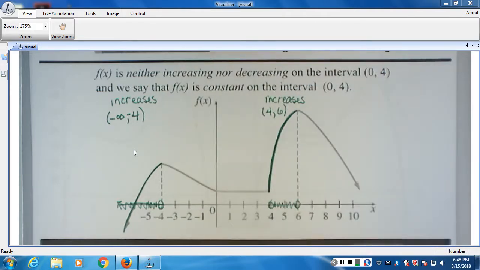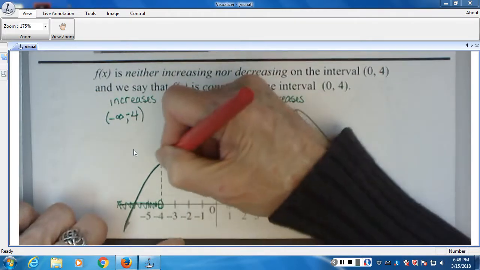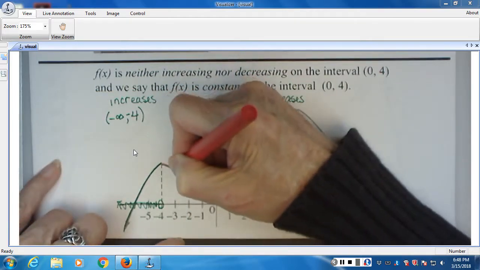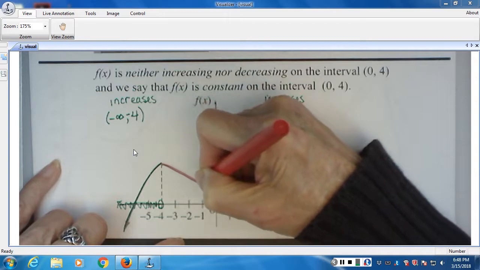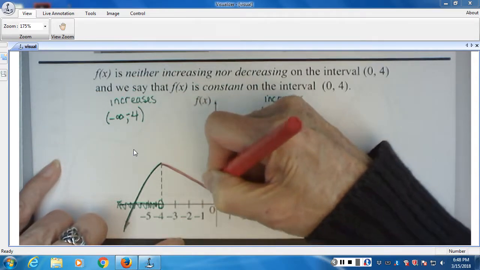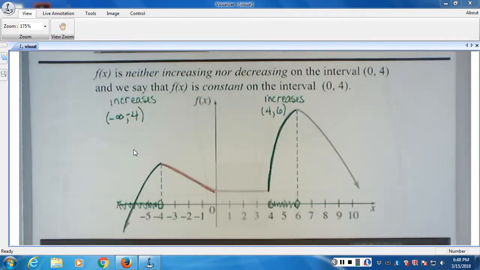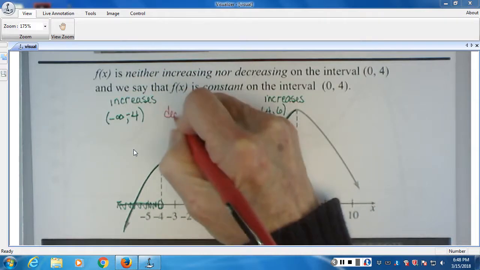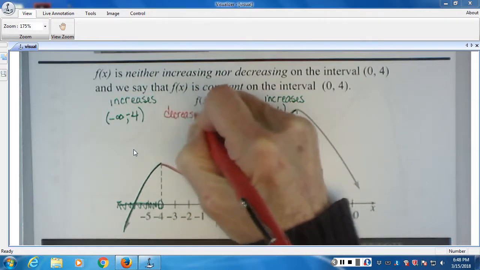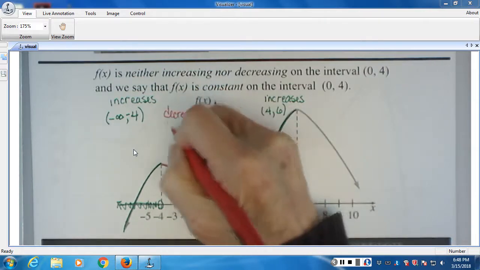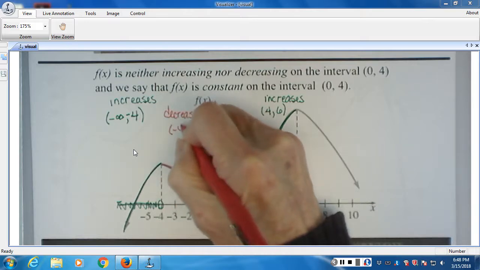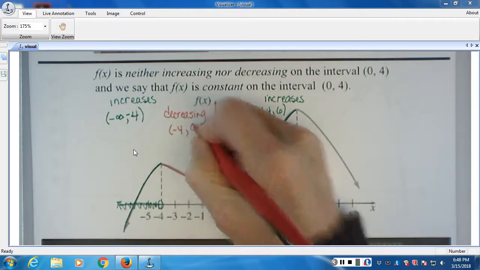And then I'm going to go back and repeat what we said on the last one, which was that it is decreasing. And I can't tell if it's decreasing with a curve or if it's decreasing in a straight line because I don't have any information about what the actual equation is. But I do know that it's decreasing. From -4 to 0.